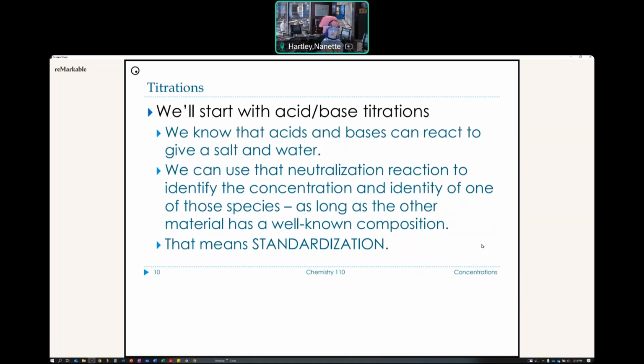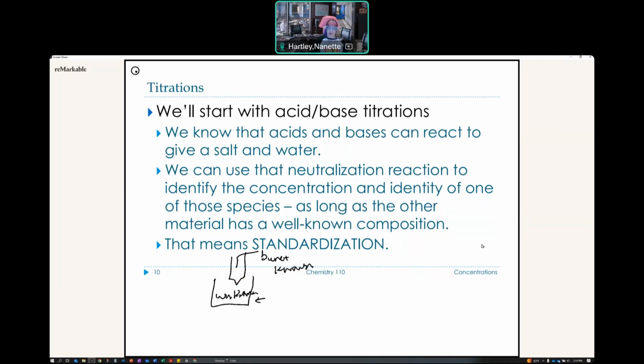Okay? As long as the other material that we're dealing with has a very well-known concentration or composition, then if we have an unknown in this beaker, and I have something in here, this is a burette, as long as the thing in that burette is very well known, I can use the relationship between these two when I react them together to figure out stuff about this unknown.